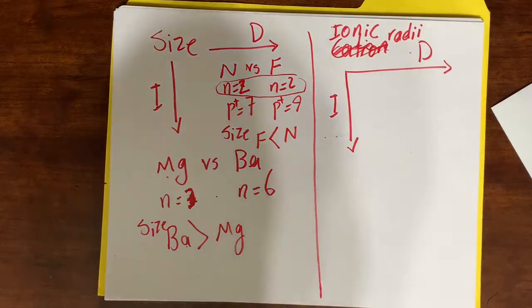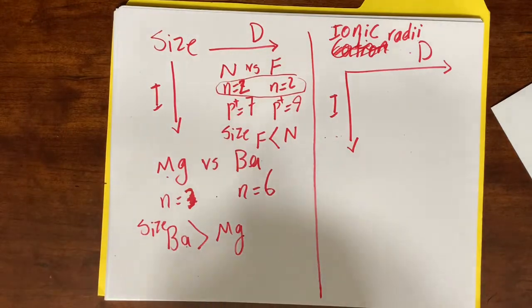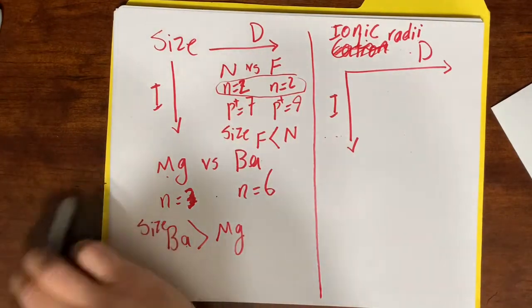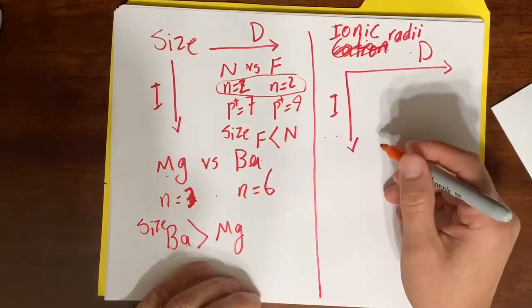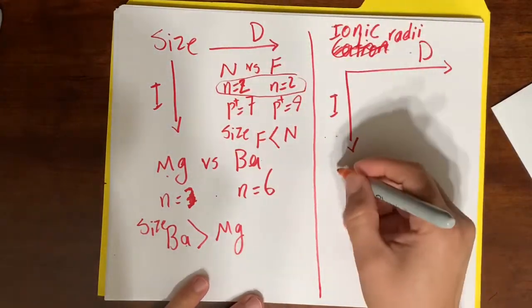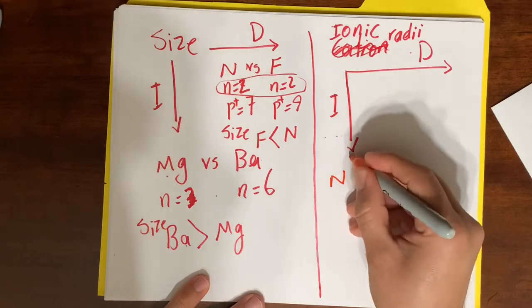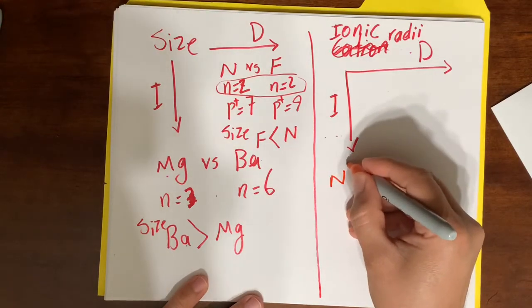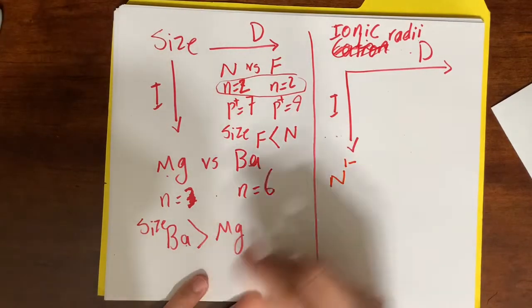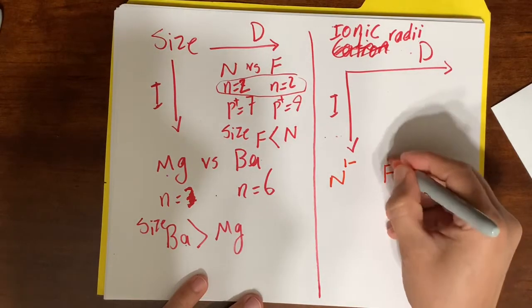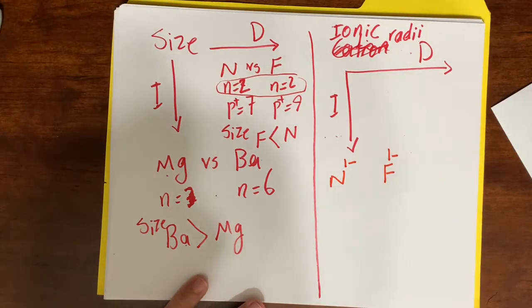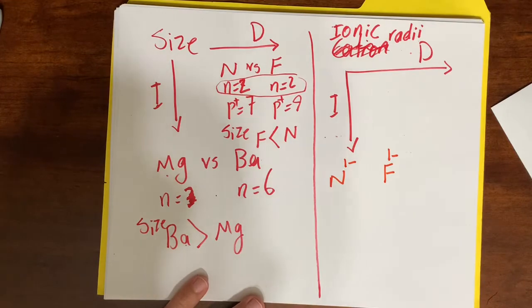Now let's talk about their ions and see what the trend is for them. Okay, I go with nitrogen minus 1, for example, versus fluorine minus 1, and I want to compare their sizes.